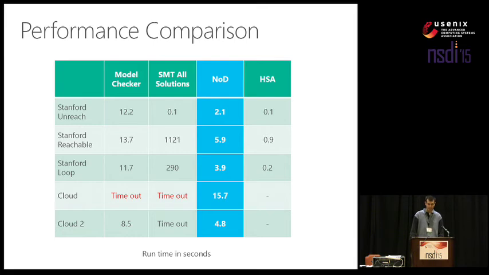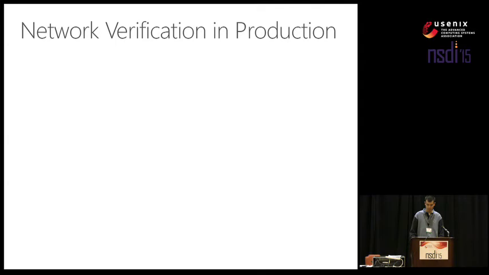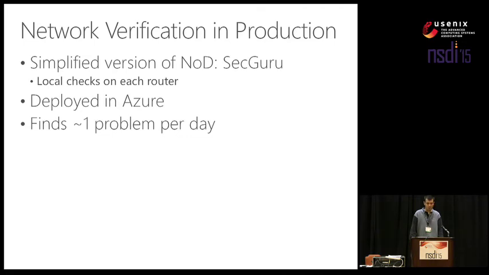Okay, so is any of these things actually any useful? And the answer is that we have actually deployed a simplified version of Node in Azure, and it's called SecGuru. The difference to Node is that it performs local checks. So in Node, we usually take the whole network and we perform the analysis on the whole network.